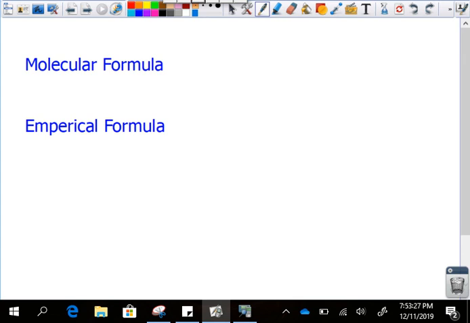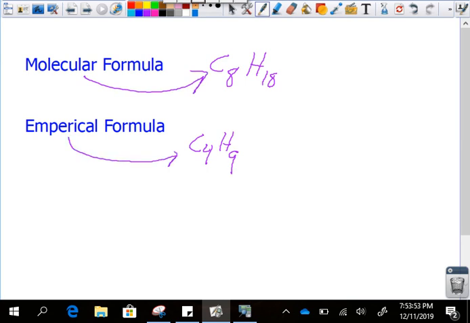So here is a really common compound that you have in your life, C8H18. Both of those numbers are divisible by 2. If you divide them both by 2, you'd have C4H9. And so this is a molecule. An empirical formula is just a reduced ratio.